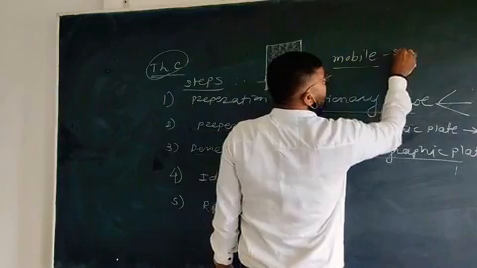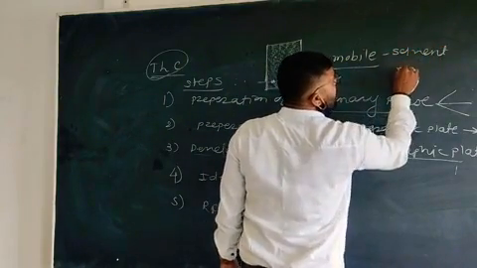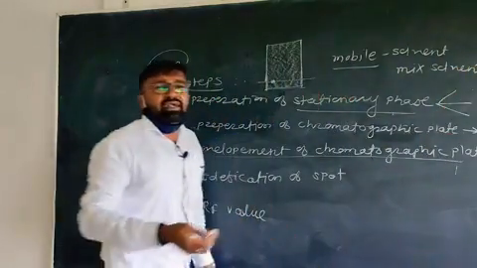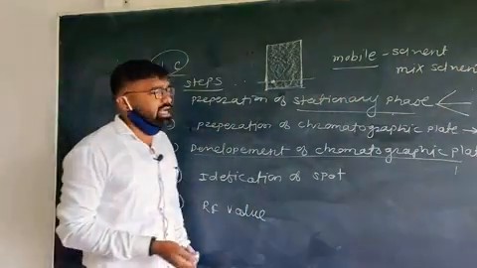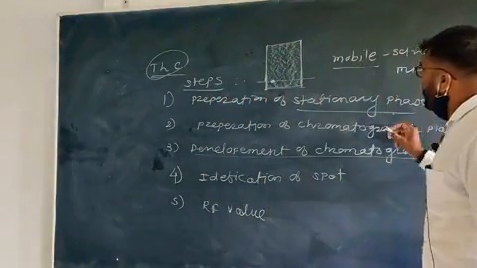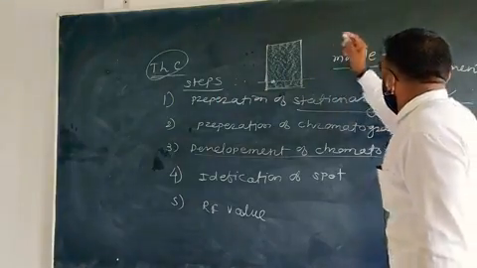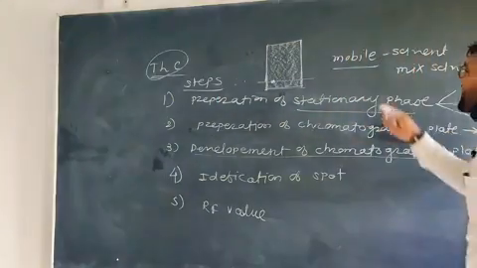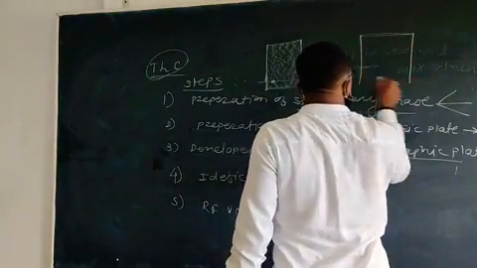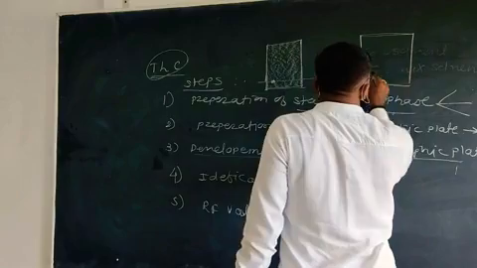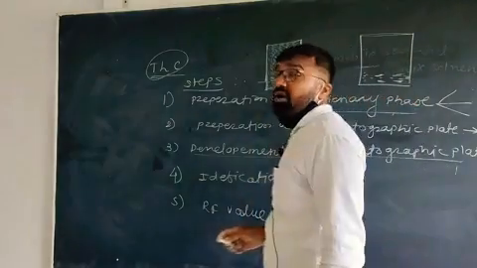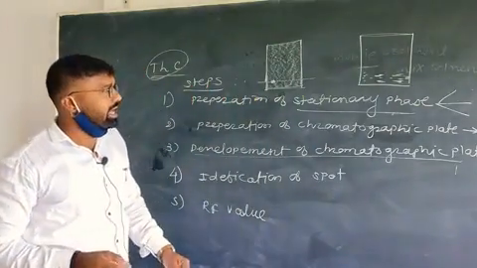It may be a pure solvent, or a mixture of 2 or 3 solvents, chosen depending upon the polarity: benzene, ether, chloroform, etc. Then this plate is dipped inside the chamber. Suppose this is the chamber, and a suitable amount of mobile phase is taken at a suitable height.